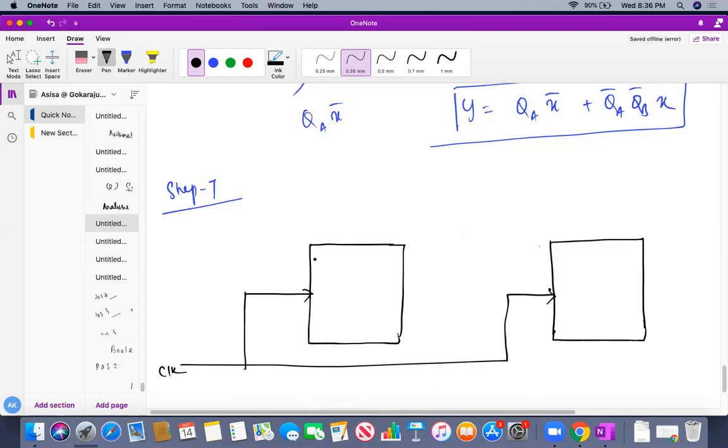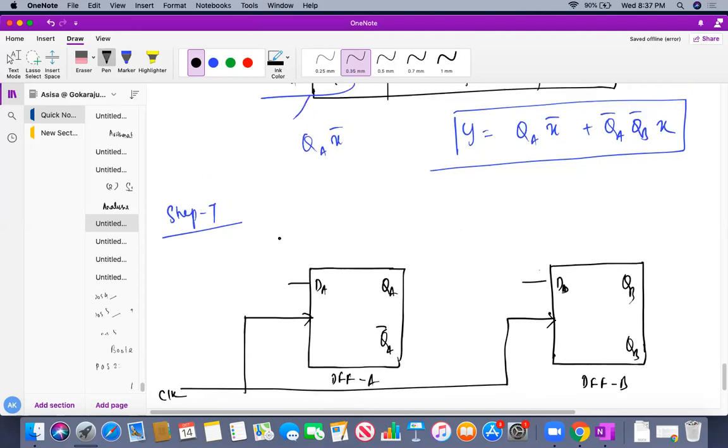So this is my DA. It has QA, QA bar, and it has QB, QB bar. This is my D flip-flop B, and this is my D flip-flop A, so 2 flip-flops, and this is my DB. Now tell me, what is my DA we have got here?